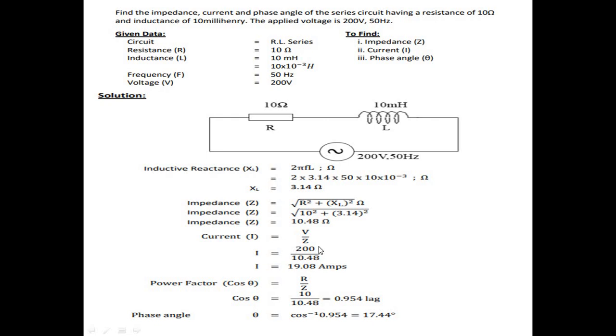Current I is equal to V by Z, that means 200 divided by 10.48, so I is equal to 19.08 amps. Then cos theta is equal to R divided by Z, 10 divided by 10.48, that is equal to 0.954 lag. Then theta is equal to cos inverse 0.954, which is 17.44 degrees.